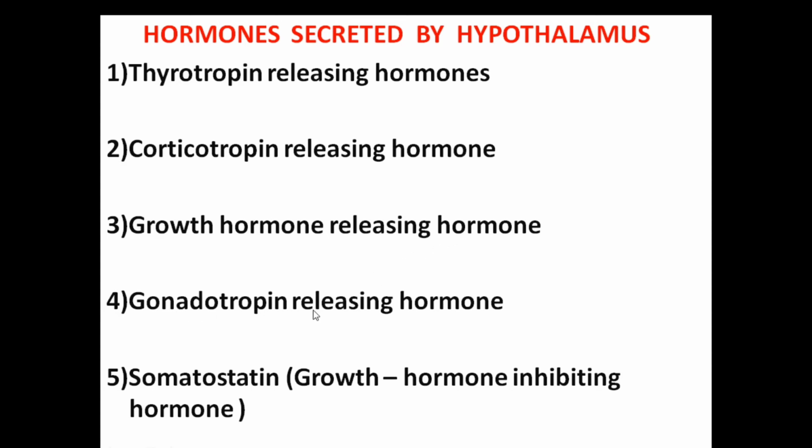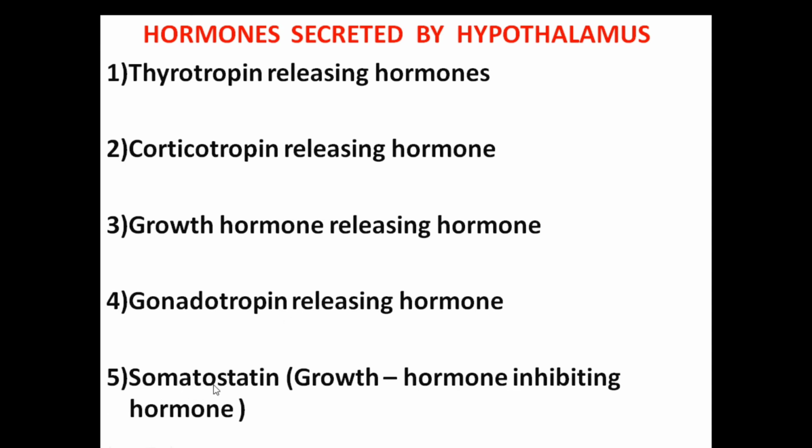And the fourth one is gonadotropin releasing hormone, which stimulates the anterior pituitary to release luteinizing hormone and follicle stimulating hormone, by stimulating the gonads.